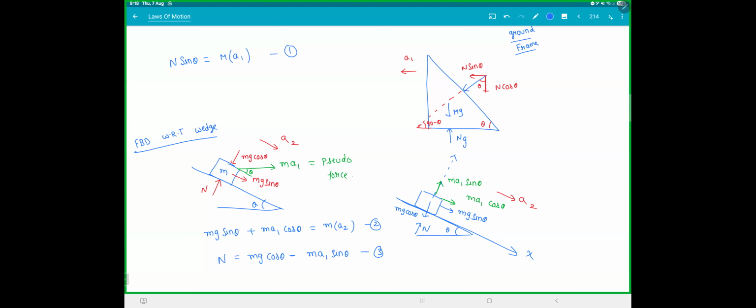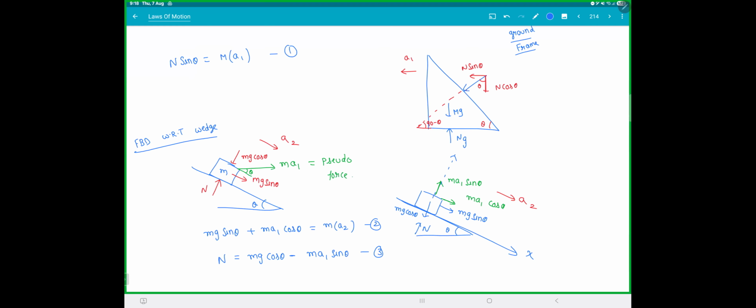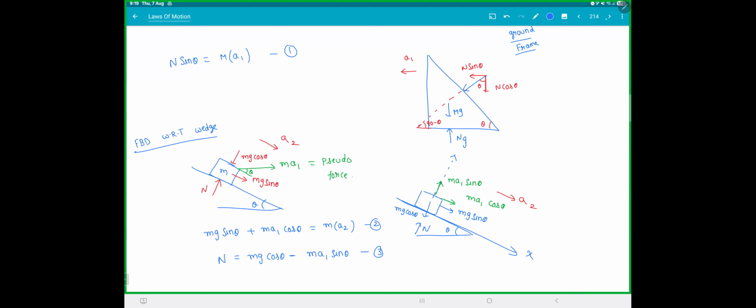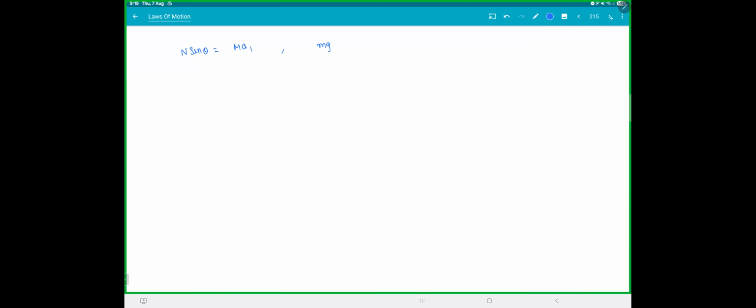Great, I have 3 equations. Let's start solving them. N sin theta is Ma1. Be careful, there's a capital M and a small m. The second was mg sin theta plus ma1 cos theta was ma2.